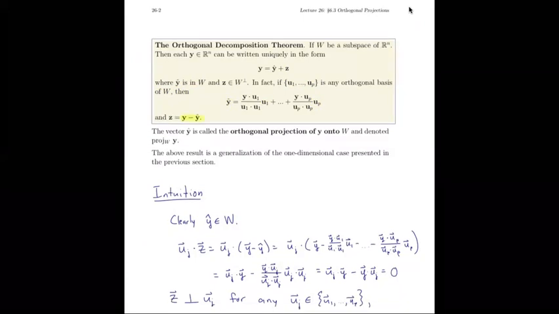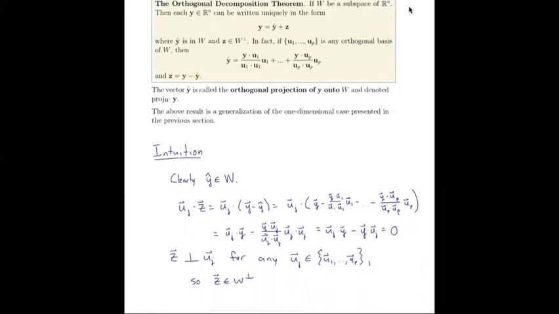Let's show that y minus this vector, in other words z, is actually in the orthogonal complement. In order to do that, we have to show that for any vector in W, this vector is orthogonal to that given vector. So let's see how we go about doing that. Here I'm just showing it for any old basis vector uj from this list, u1 through up.